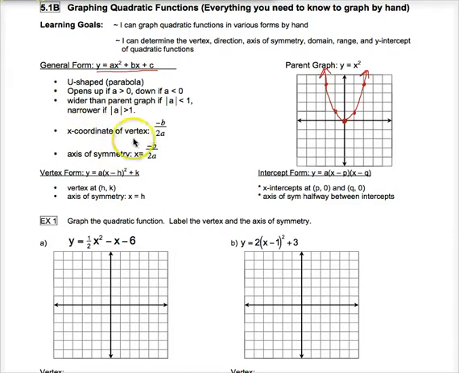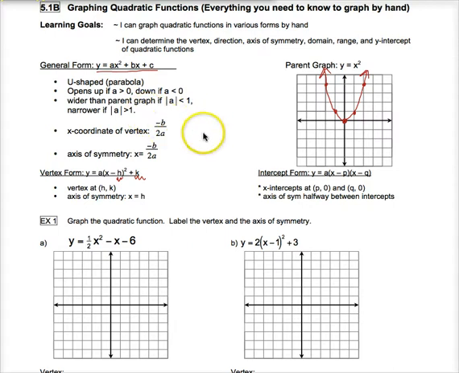Now, because in this general form we can't see an h and a k like we could in vertex form, we have to be able to find the vertex another way. The way that we do that is by using this formula. The x-coordinate of the vertex is going to be the opposite of b divided by 2a. The reason I say opposite instead of negative is because if the b is negative, you have to make it positive.